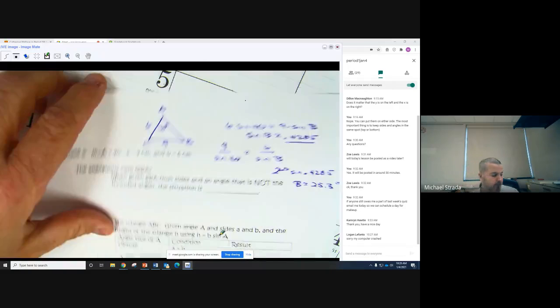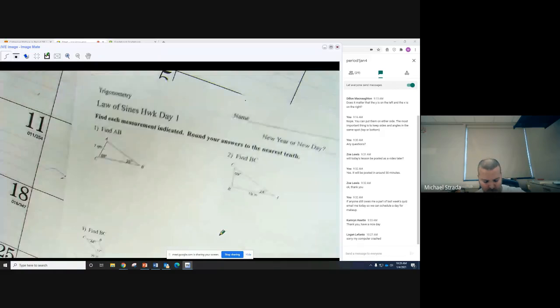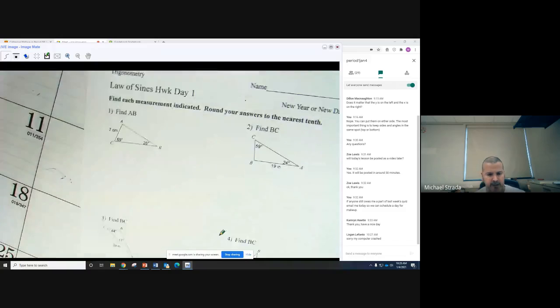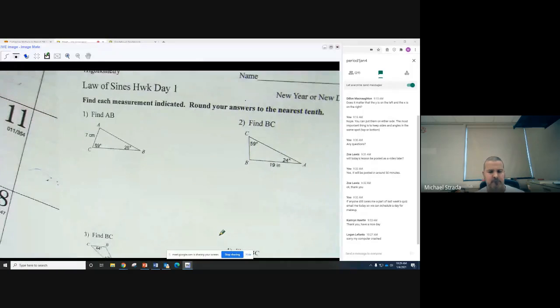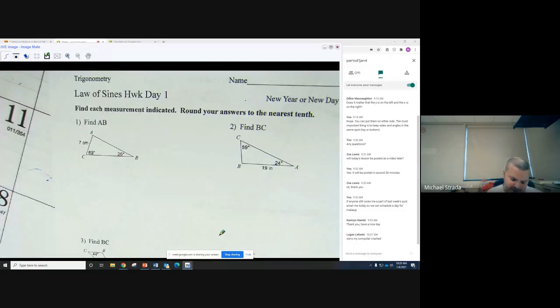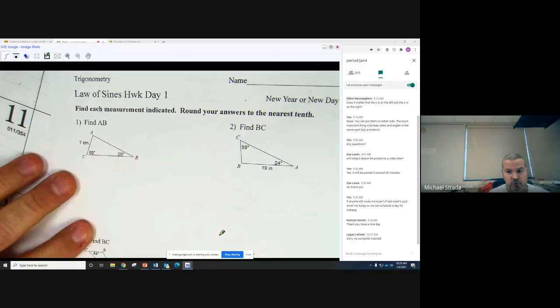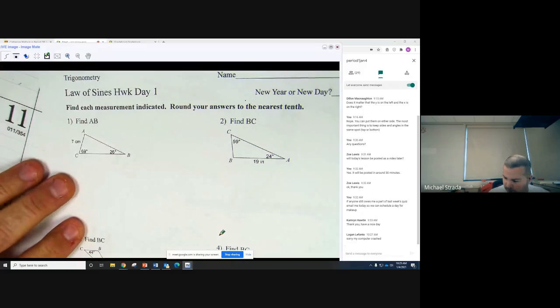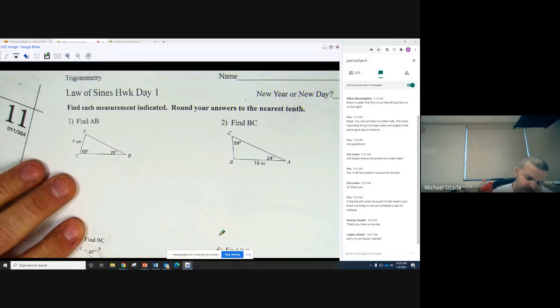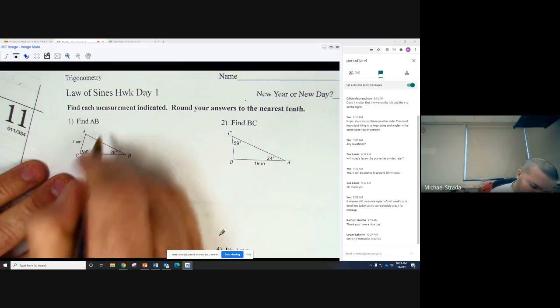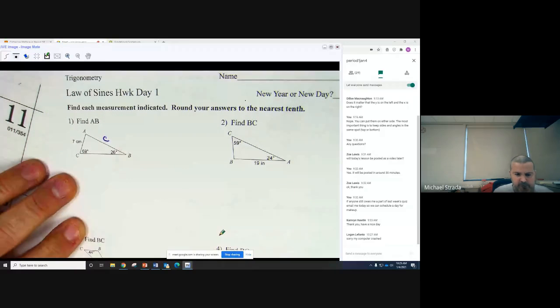All right? So if we take a look at your homework, this is what I would expect to see. It says find AB. So this is your homework. That's tonight. That is due tomorrow at midnight. So AB is opposite angle C, so that's little letter c.